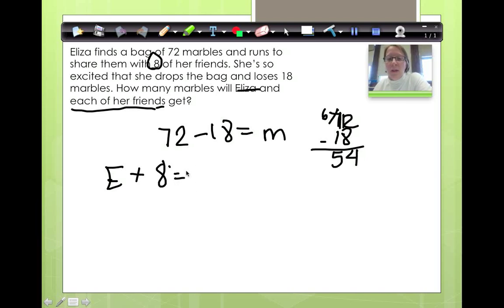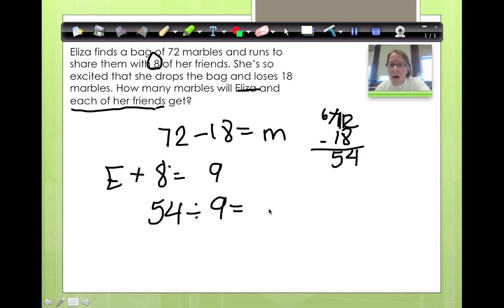We're going to give them to 1 plus 8 equals 9. So now I'm going to have to give away 54, and I want to give away equal amounts because Eliza wants them to. So let's write this as an equation. You must write your equations. 54 divided by 9 kids equals something.